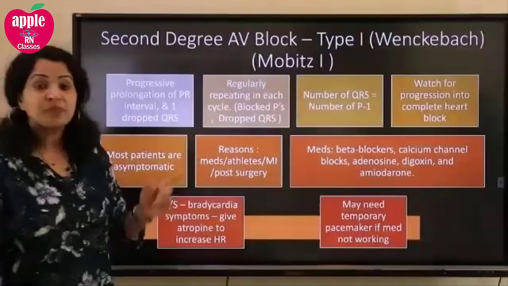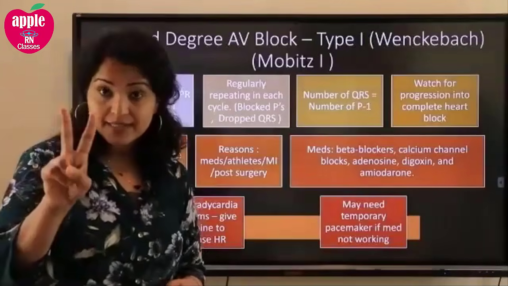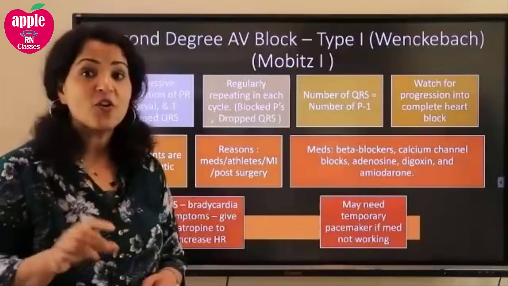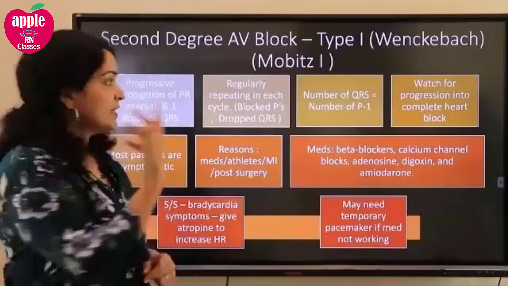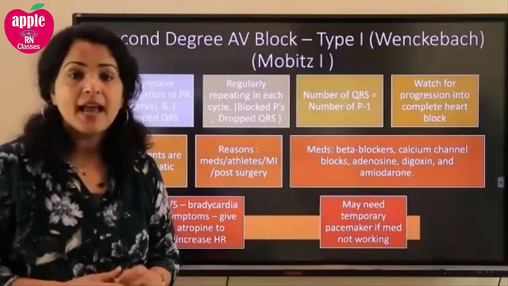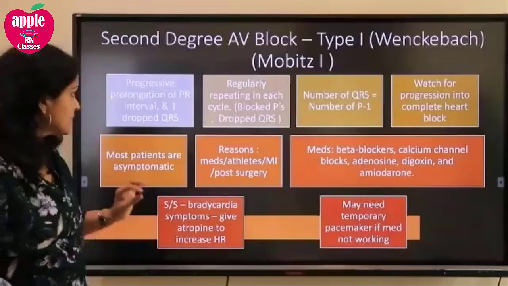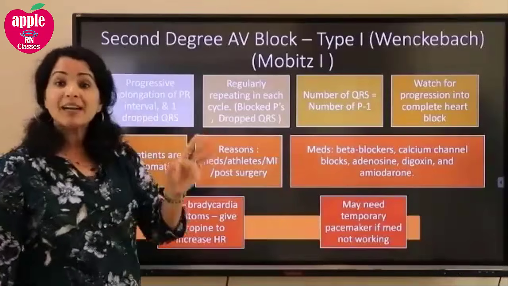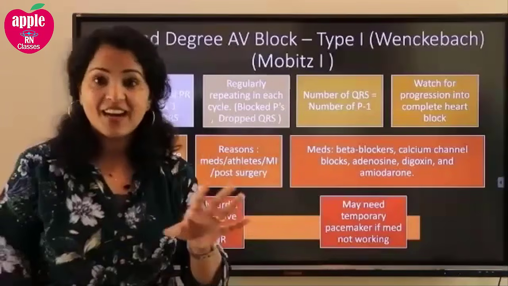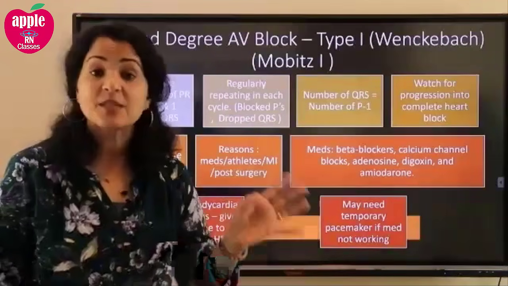So here we go. Second degree, two kinds, type 1, also known as Wenckebach, or Mobitz 1. And in that one, remember our PR interval? Let's go back to our husband-wife scenario.